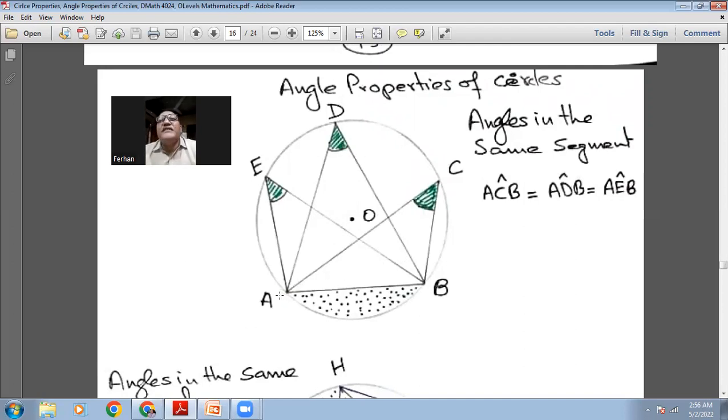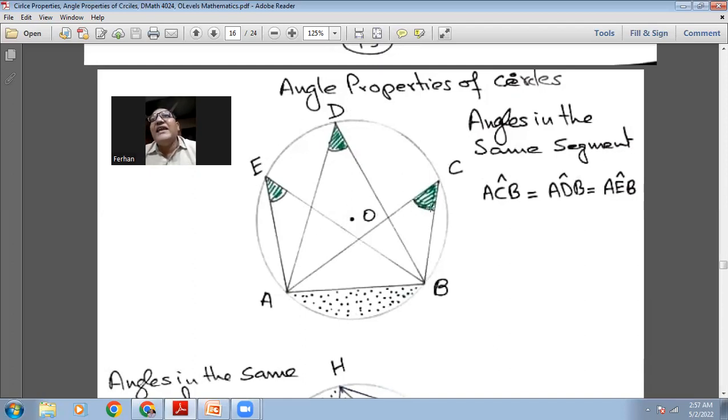If I join the ends of a chord with multiple points on the circumference, B joined with C, A also joined with C, B joined with D, A also joined with D, B joined with E, and A also joined with E. The important thing is that C, D, and E all are on the same segment.